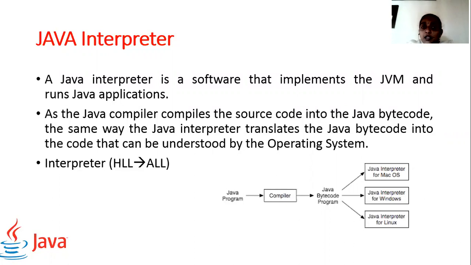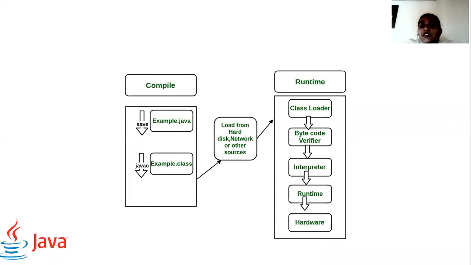So, in short, a Java interpreter is a software that implements the JVM and helps to run Java applications on different environments. Now let us do a full recap of all what we saw till now. We have two sections. One is a compile time environment and the second is a runtime environment. In the compile time environment, your Java-C compiler helps you to save your program in the .java extension and convert it to a .class extension.